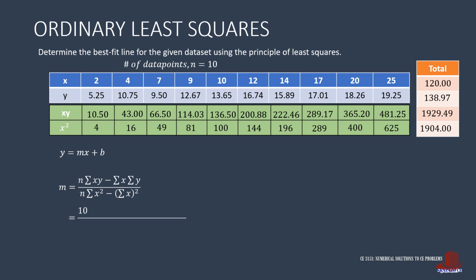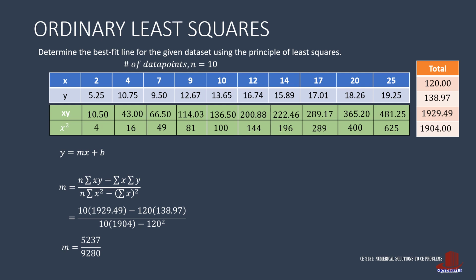For this example, m is computed as 10 of 1,929.49 less 120 of 138.97. Everything is divided by 10 of 1,904 minus the square of 120.